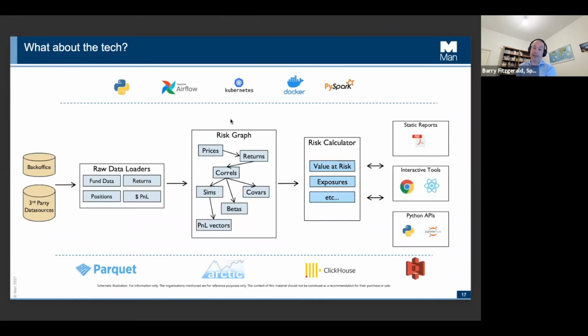So what about the technology we use for this? This is a slightly simplified version of the workflow we use. Everything's predominantly in Python. It starts off with a typical ETL job where we get positions and third-party market returns from data vendors and from other internal systems.